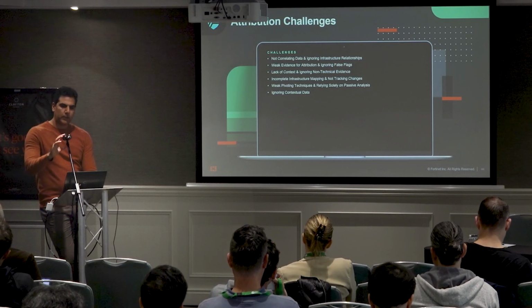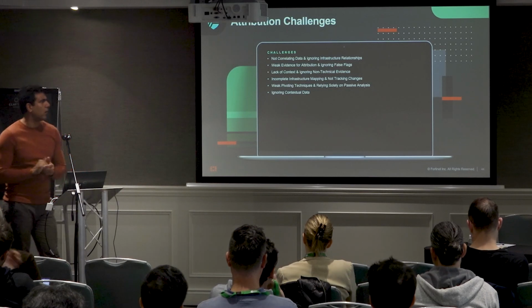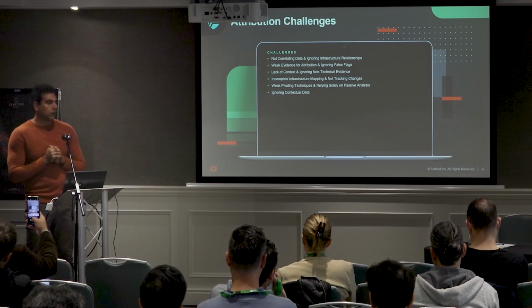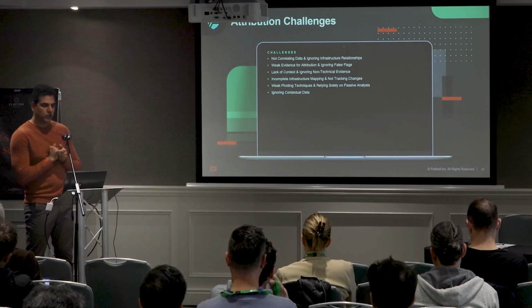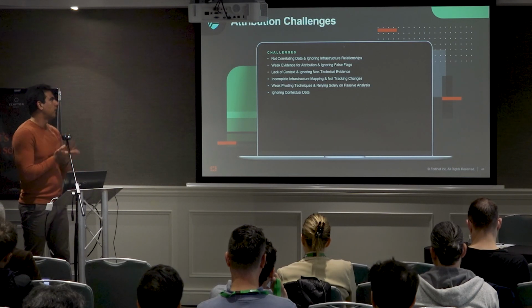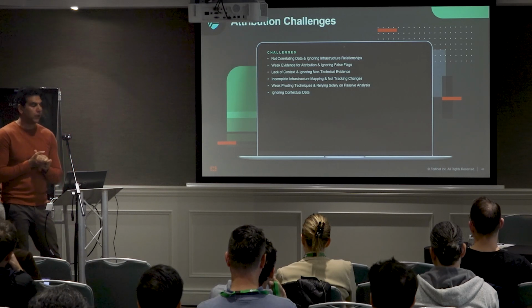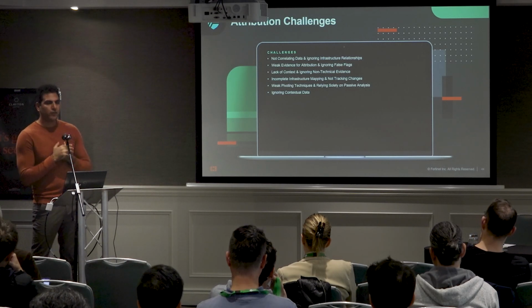In tracking and attribution, there are always a lot of challenges. Here are some of the challenges that I mentioned. It's not very comprehensive, but still there are challenges that you have to be aware of.